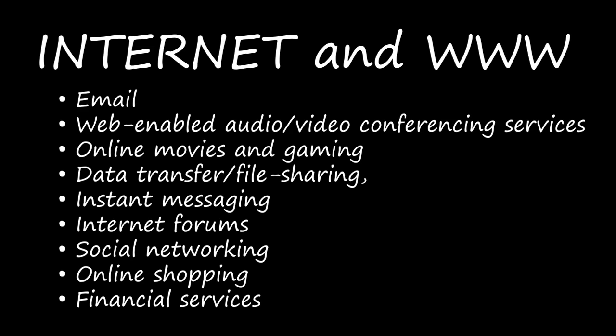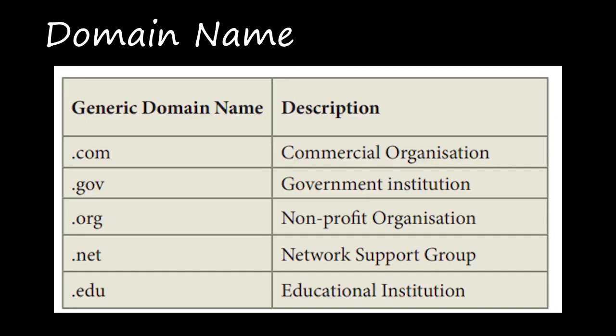The next one is domain name. This is the name, or the identity, for an online service, an online identity which can be accessed by the web browser when it is connected to the internet, right? Let's see some domain names here. Generic domain name .com, you would have heard: Google.com, Gmail.com.